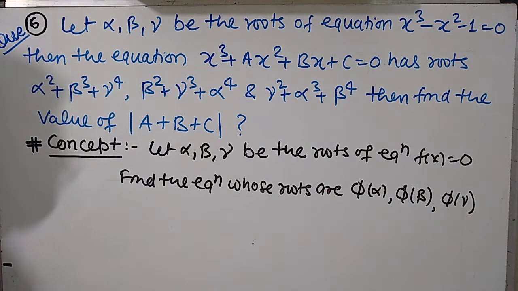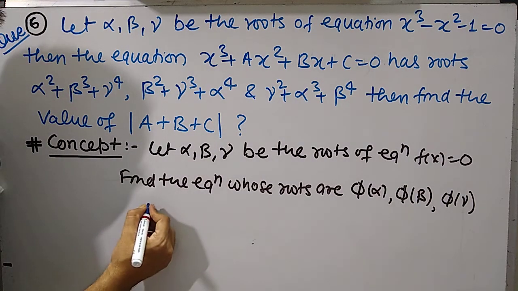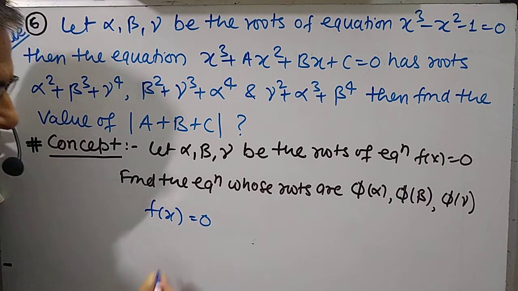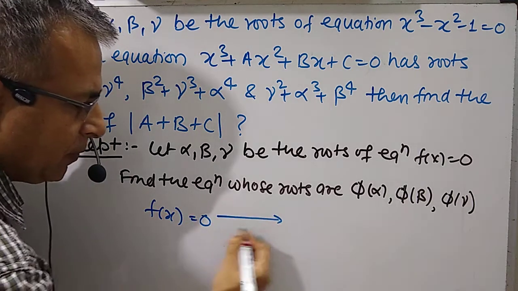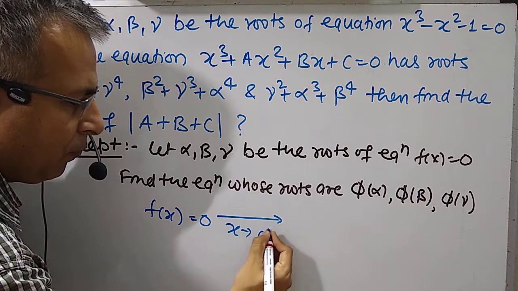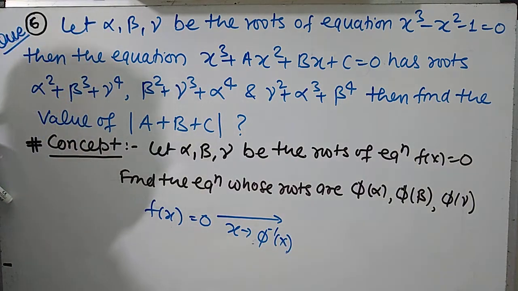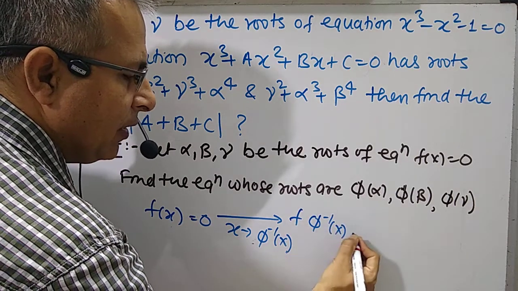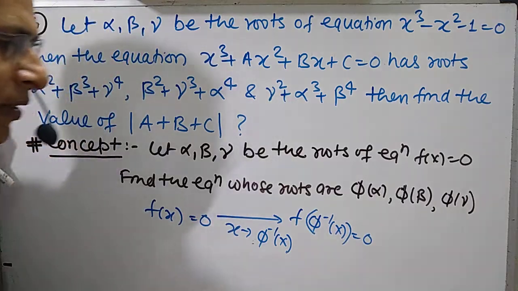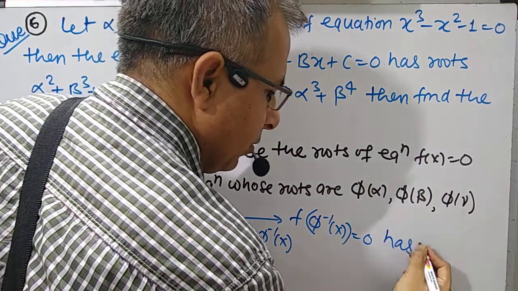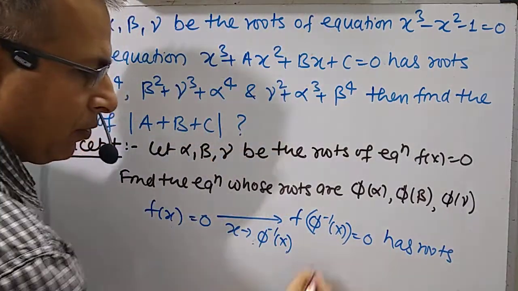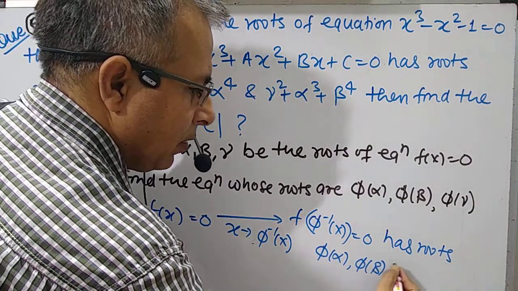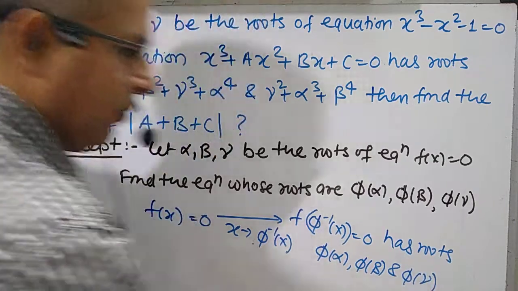So here in this function f(x) equal to 0, x is replaced by phi inverse x, and we get f of phi inverse x equal to 0, and this equation has roots phi of alpha, phi of beta, and phi of gamma.